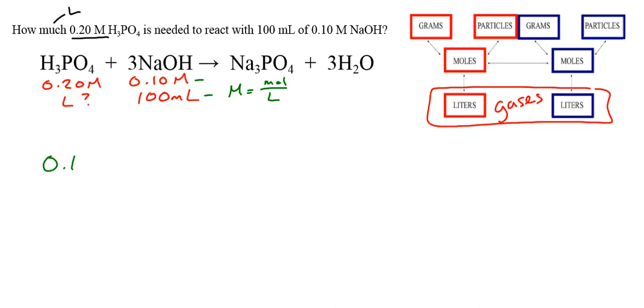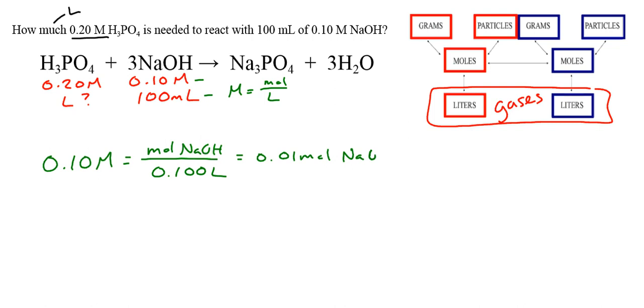So I have 0.1 molar, need to have it in liters, a 0.1 liter solution of NaOH. All right, so what that's going to equal is 0.01 moles of NaOH. Okay, so think about this for a moment. If I have 0.2 molar of that, and I want to find liters, that means I have to find moles before I can solve for liters.